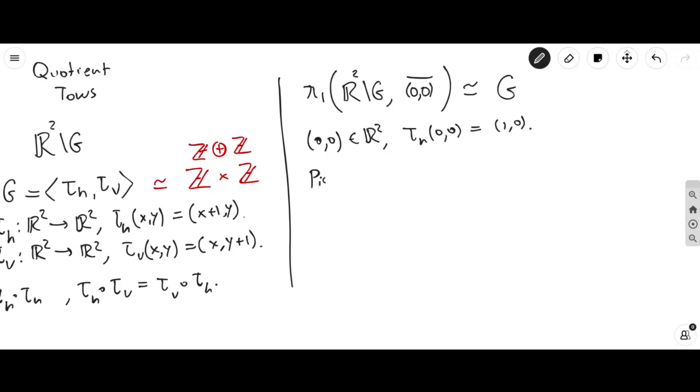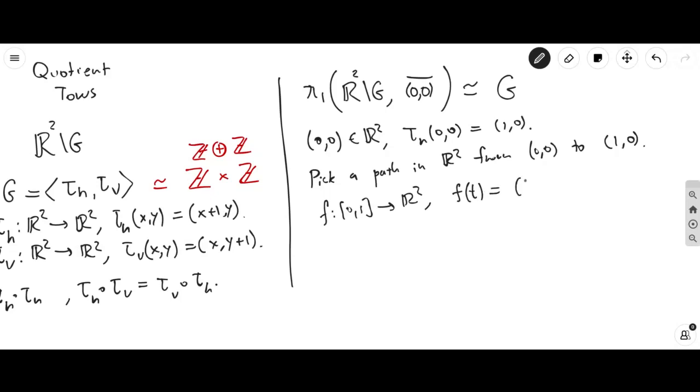So now we're going to pick a path in the covering space R2 from (0, 0) to (1, 0). And the easiest path that we can use is simply the path f of t equal to (t, 0).